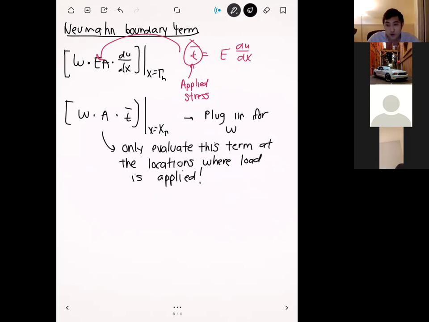For most of our elements, we're not going to consider this term because most of the elements are not going to be on the boundaries.